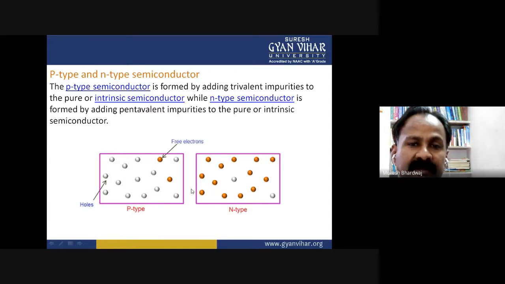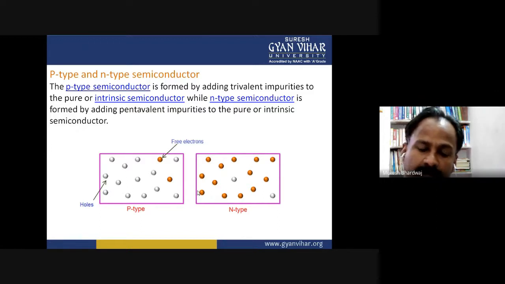P-type and N-type semiconductors. As we know, the P-type and N-type semiconductors are extrinsic types of semiconductor. P-type is obtained by adding trivalent impurities to the fourth group element, and an n-type semiconductor is formed by adding pentavalent impurities to the pure or intrinsic semiconductor, that is, fourth group element.